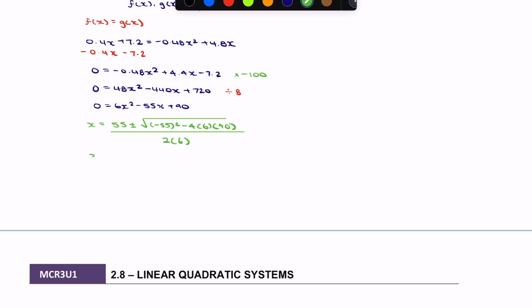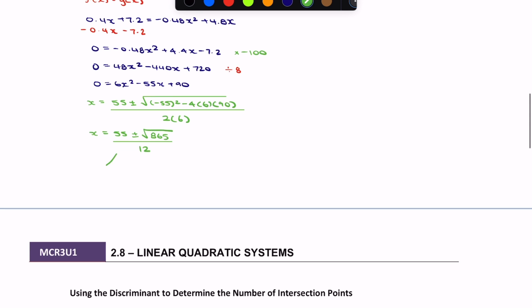So we'll get x is equal to 55 plus or minus the square root of 865 over 12. Here we'll have two answers. We'll get x is equal to 7.03, and also x is equal to 2.13.